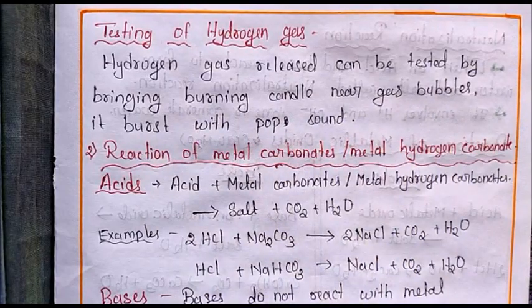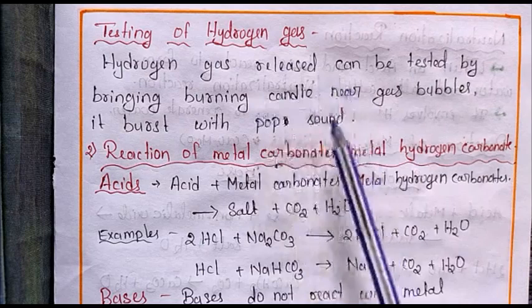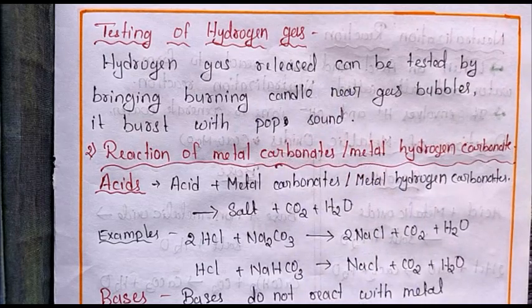When gas is evolved, it evolves with bubbles and those bubbles burst with a pop sound. If this kind of result happens, then that gas is called hydrogen gas. So testing of hydrogen can be done like this.